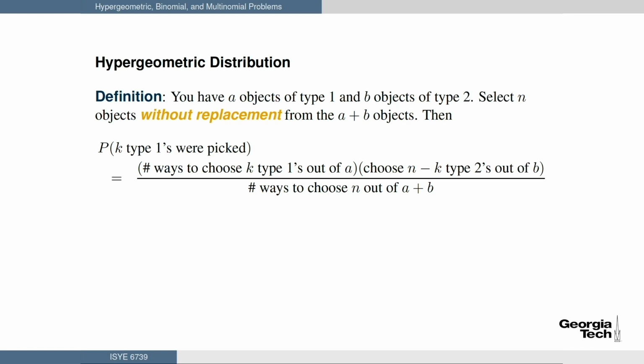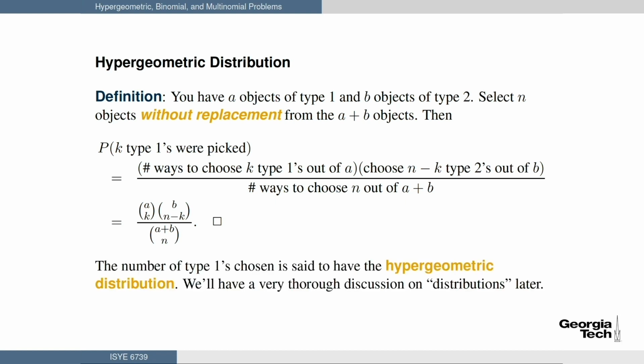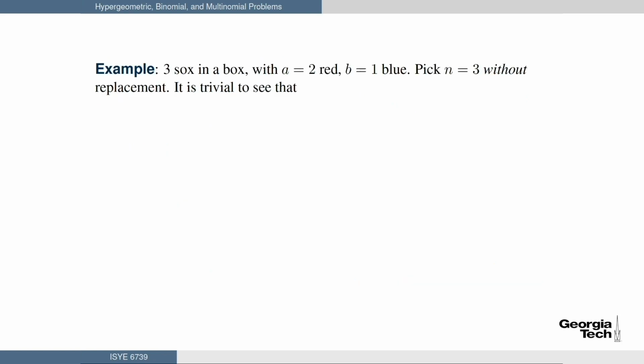And then the denominator is simply the number of ways to choose n objects out of the original A plus B. By definition, the numerator is A choose K times B choose n minus K. The denominator is A plus B choose n. So the number of type 1s chosen, and by default the number of type 2s, is said to have the hypergeometric distribution. We'll have a very thorough discussion on what distributions means a little bit later on.